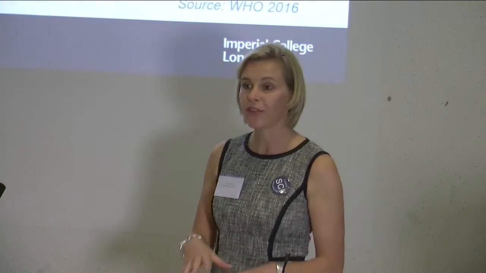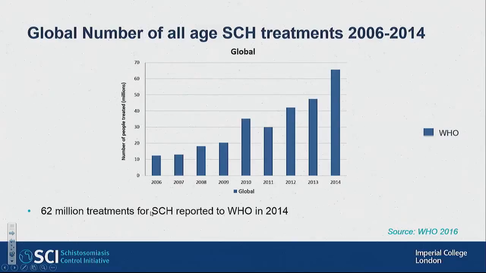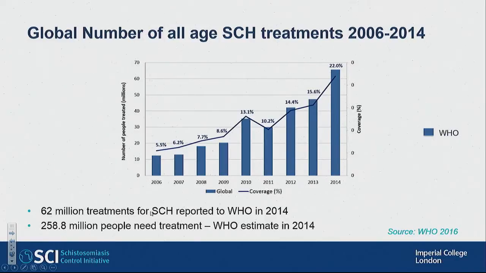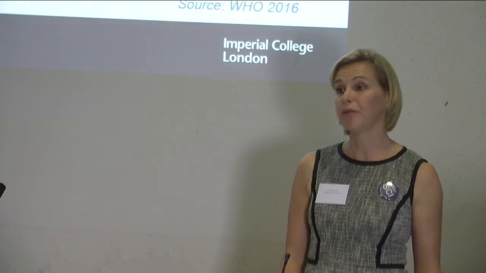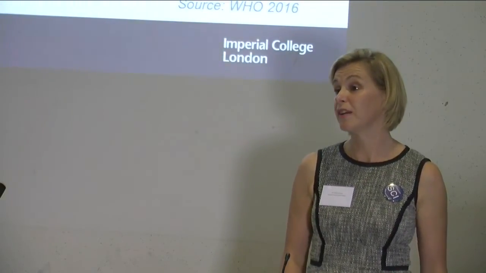SCI obviously doesn't work independently. We have a huge network of partners, and we work very closely with the WHO. These are the WHO global figures from 2006 to 2014. In 2014, the latest data set available, 62 million treatments for schistosomiasis were reported. That sounds impressive, but when we realise that there are just under 300 million people that need treatment, we see that in 2014 we only reached just over 20% of those people in need.